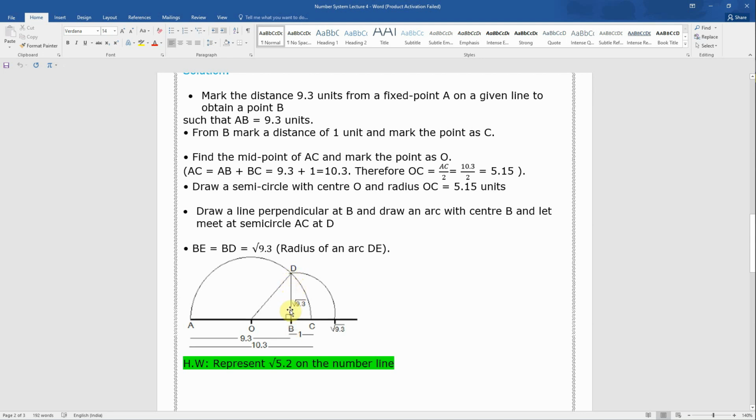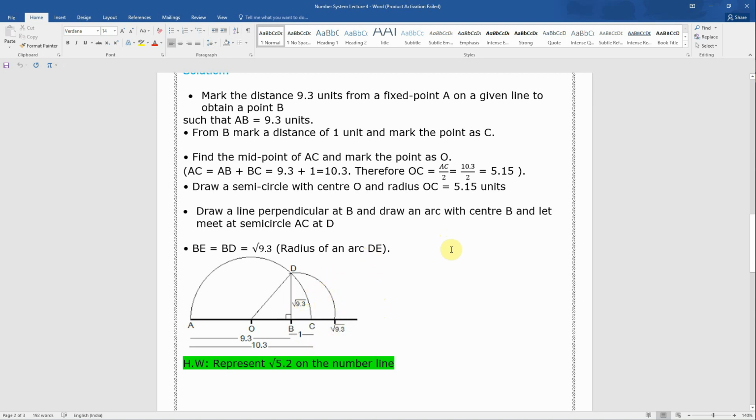Now we take that length in our compass and cut from B on the number line, and that's how we get the value BD, the square root of 9.3. This is how the drawing will be done.